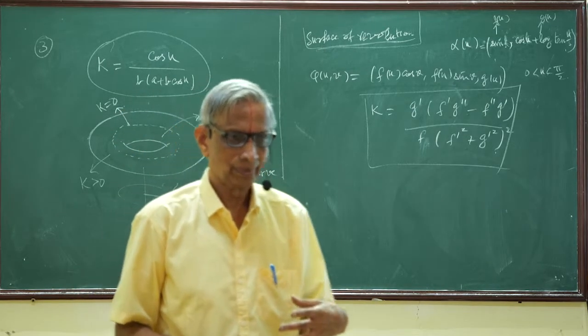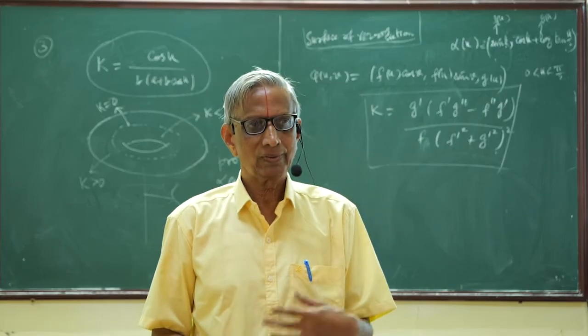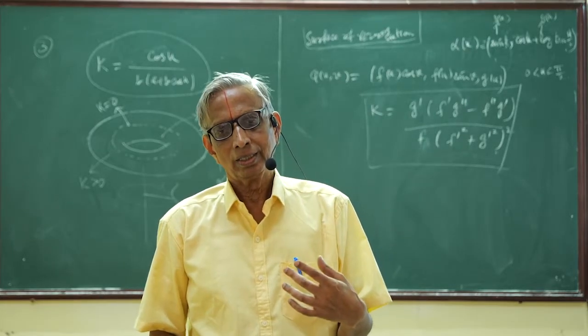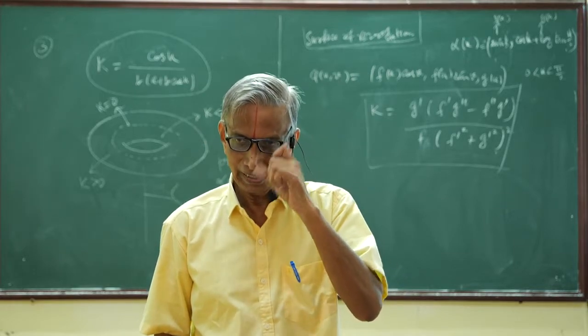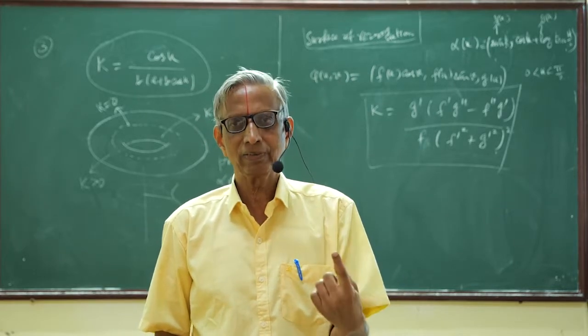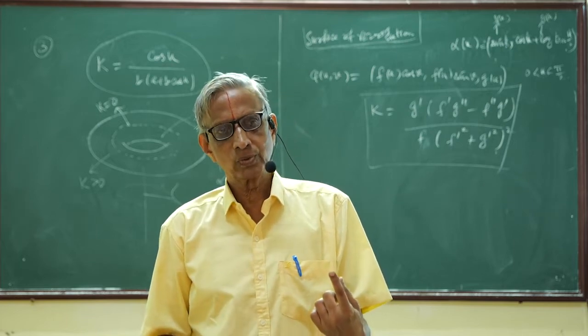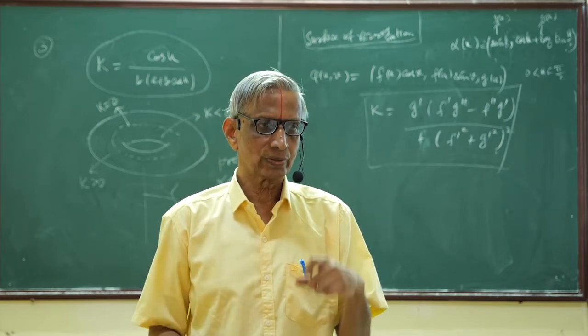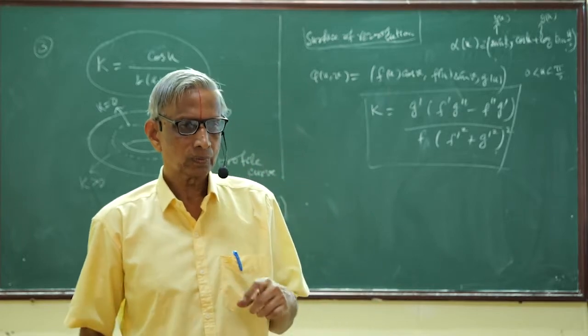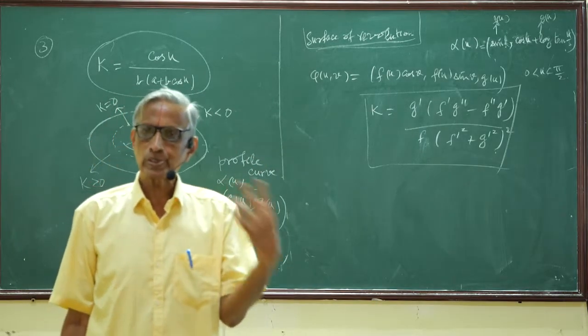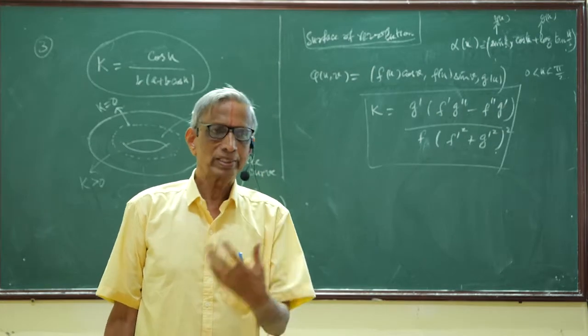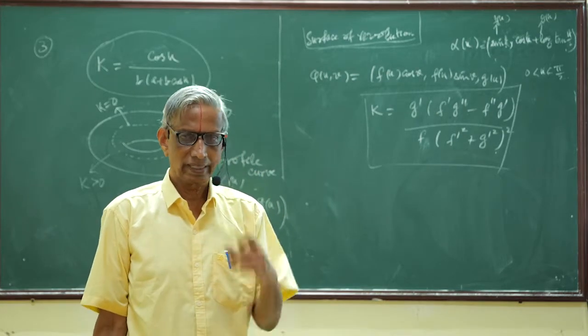Both are 0, right? Both eigenvalues are 0, and therefore the product is also 0. But in the case of the cylinder, one eigenvalue is 1, the other eigenvalue is 0, but the product is still 0. Okay? So the Gaussian curvature is 0 in both cases, but the principal curvatures and the mean curvature differ. They are not the same.